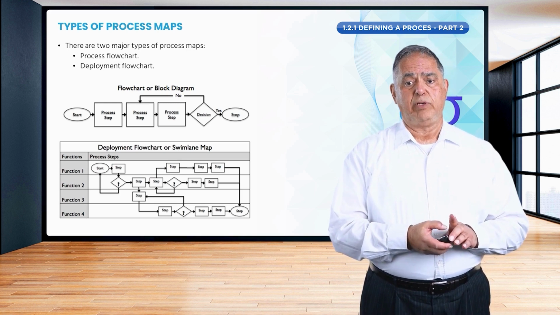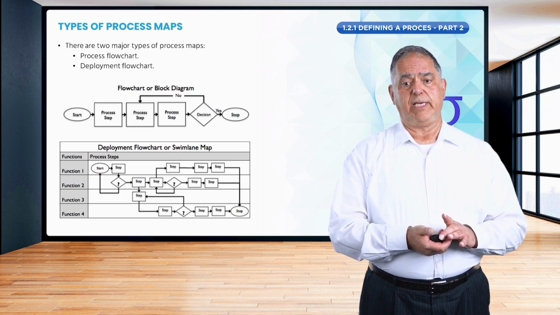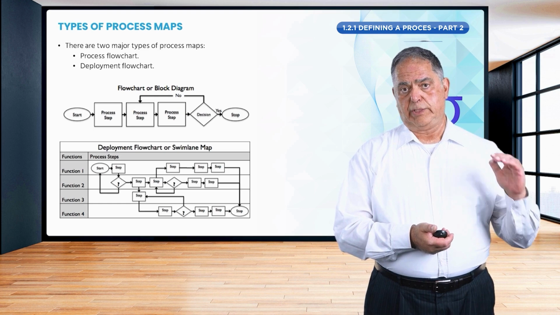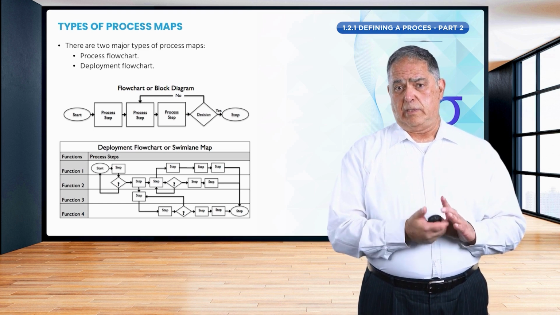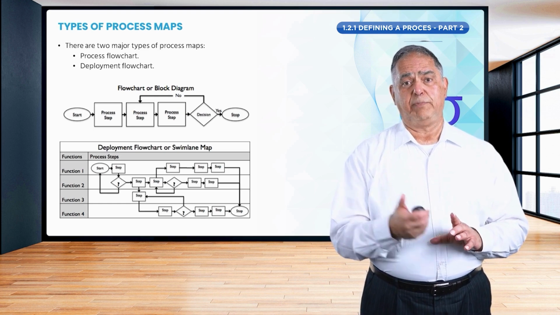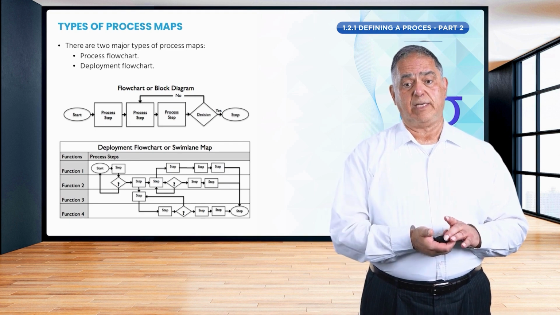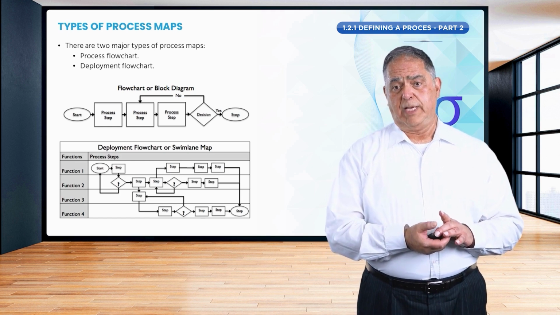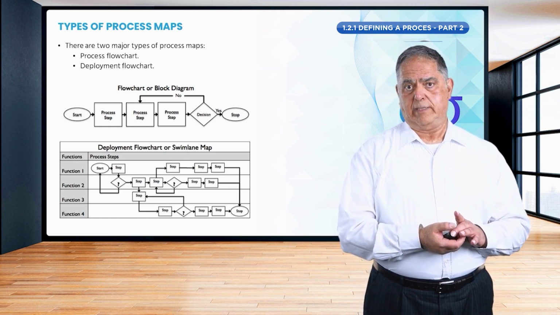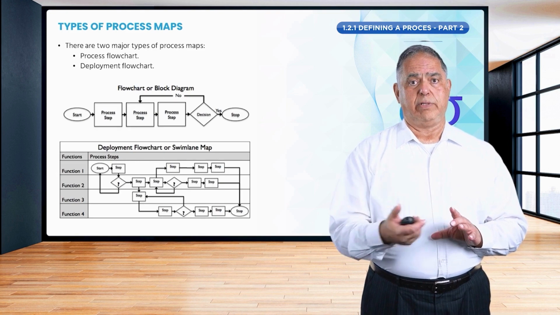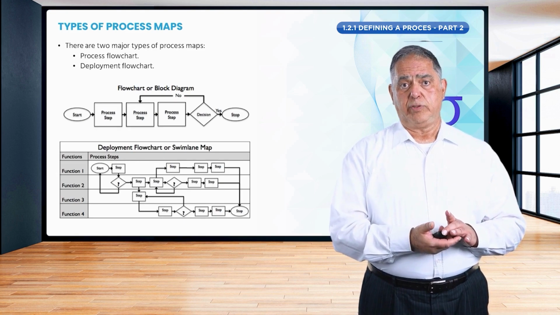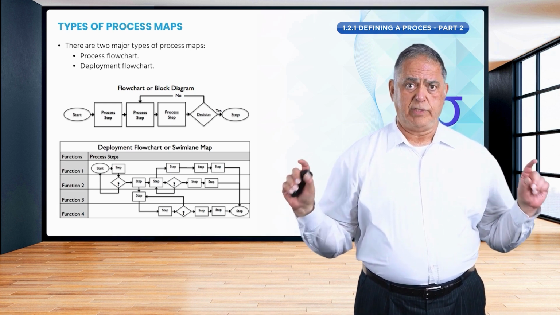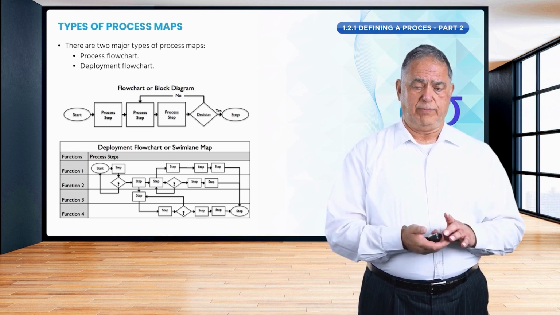So in a deployment flow chart, we can see who, in terms of process actor, is performing which tasks and activities. And each process actor has a dedicated swim lane. So that person is responsible for all the tasks, activities, and decisions taking place within the swim lane.